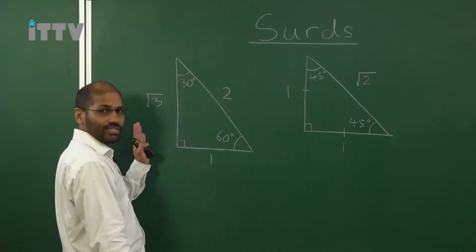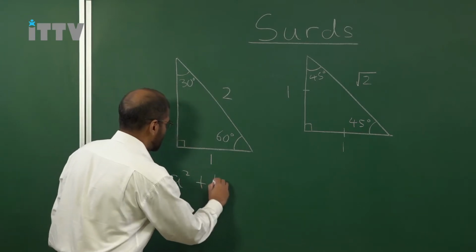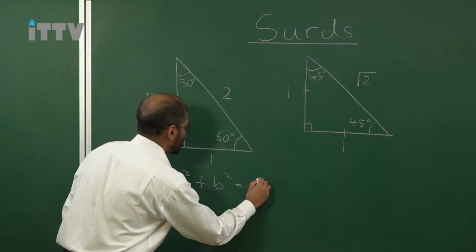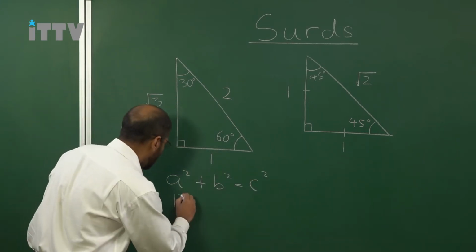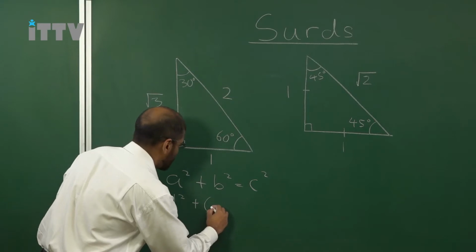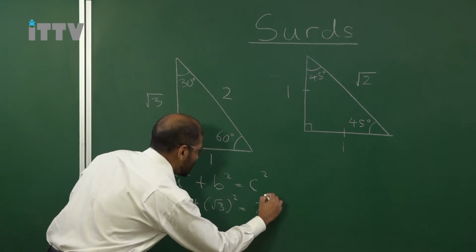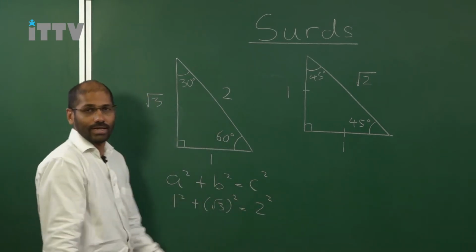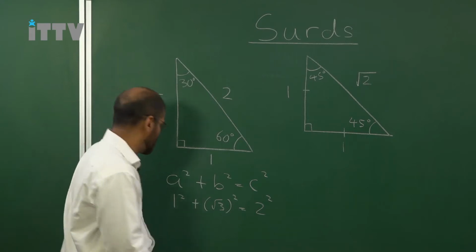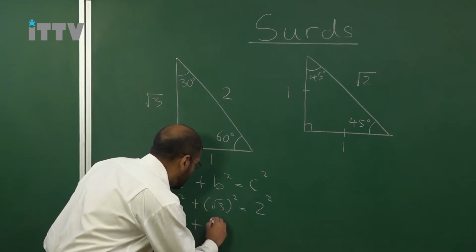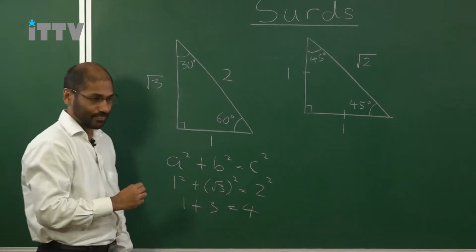If you observe this triangle over here, using a squared plus b squared equals c squared, we have 1 squared plus square root 3 squared equals 2 squared. Now what happens is, when we have a square root and a square, they cancel off each other. So we have 1 plus 3 equals 2 power 2, which is 4.